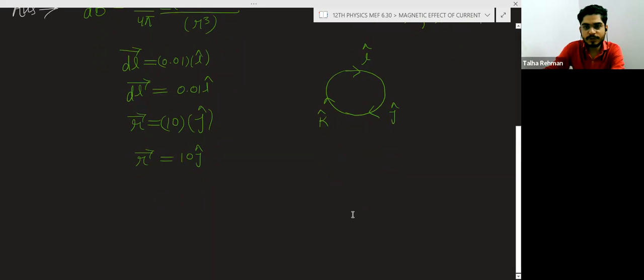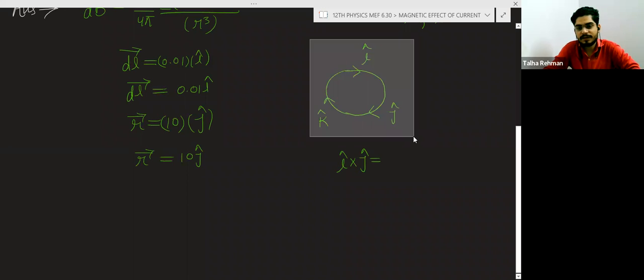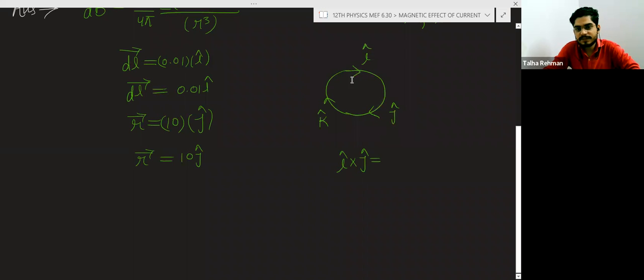So if you want to find I cross J, then first what you should do, you should decide a direction of this circle. Make the thing like this, means you are moving in this direction. From the arrow you can get it. If you want to find I cross J, just move in this direction, you will get the K cap.